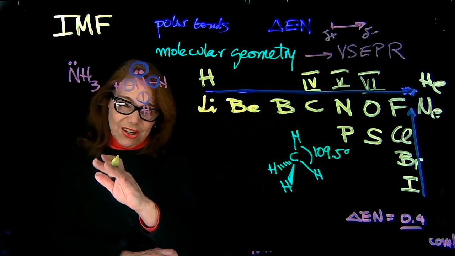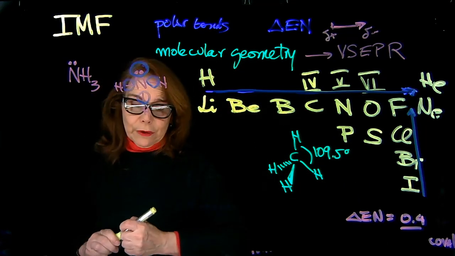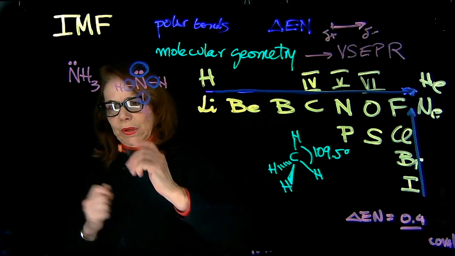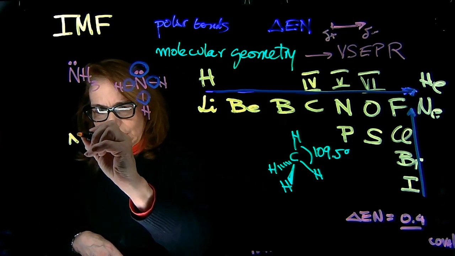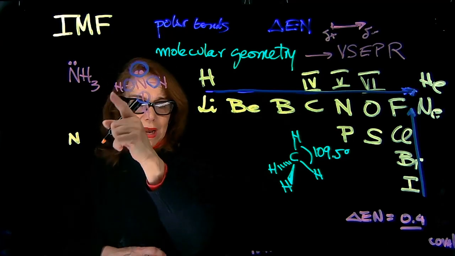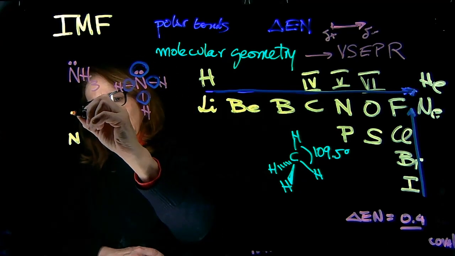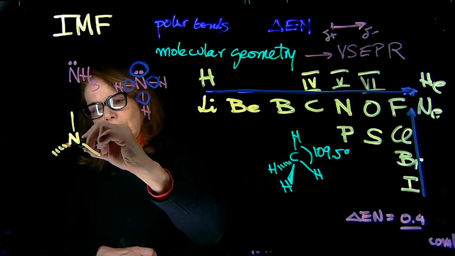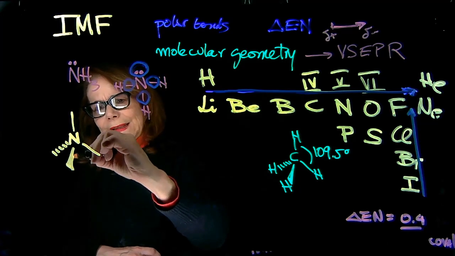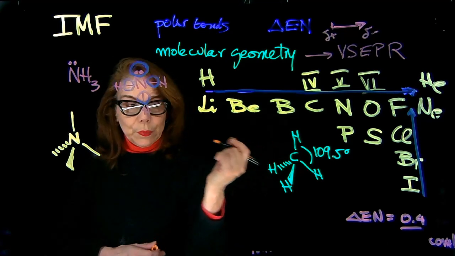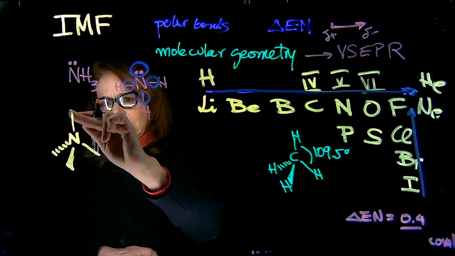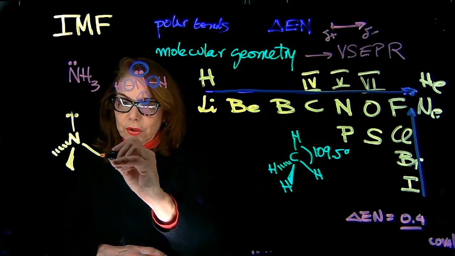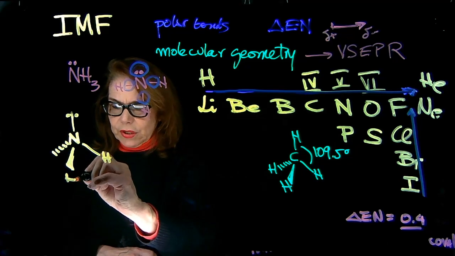Now we're going to do something similar for nitrogen. I'm going to put nitrogen here at the center, and now I have all these domains. Here I will have 1, 2, 3, and 4 electron domains. In one of those domains I'm going to have the lone pair. The other 3 domains are going to have hydrogens.